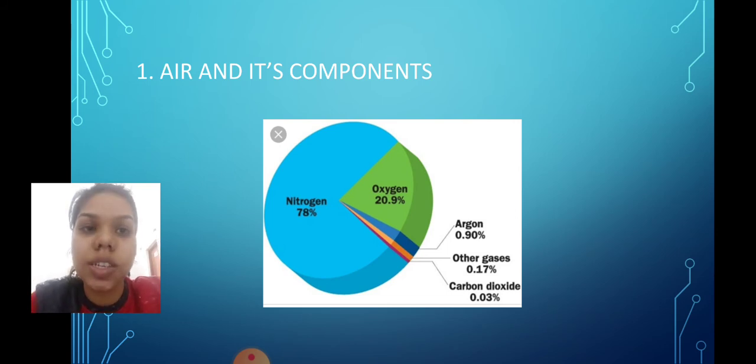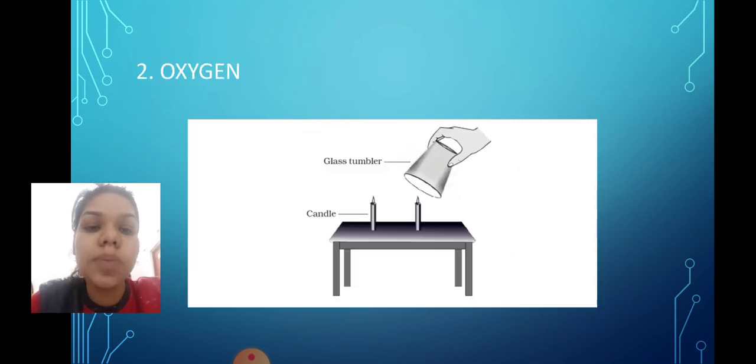Oxygen is the most important gas both for human beings and for the atmosphere. It supports combustion as shown in the figure. It supports breathing for living beings. So, as I said, it is a combustible gas, therefore it supports combustion.